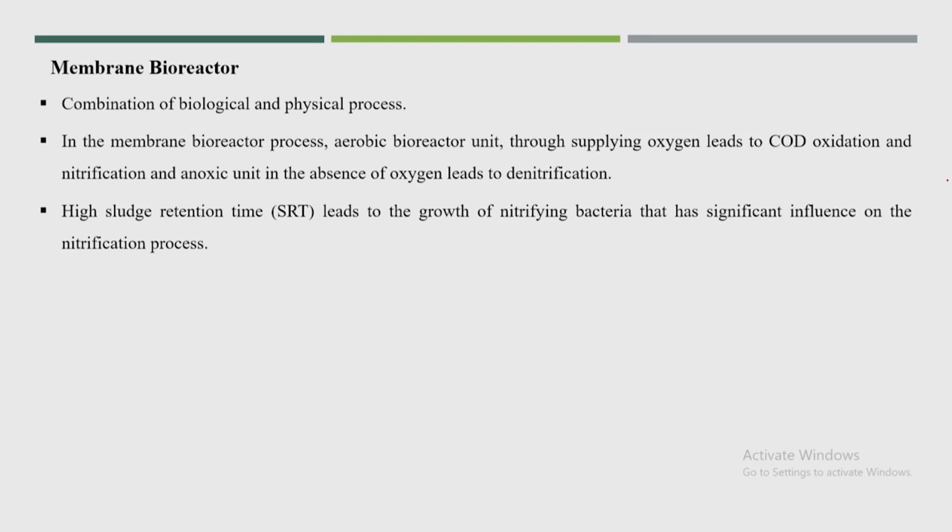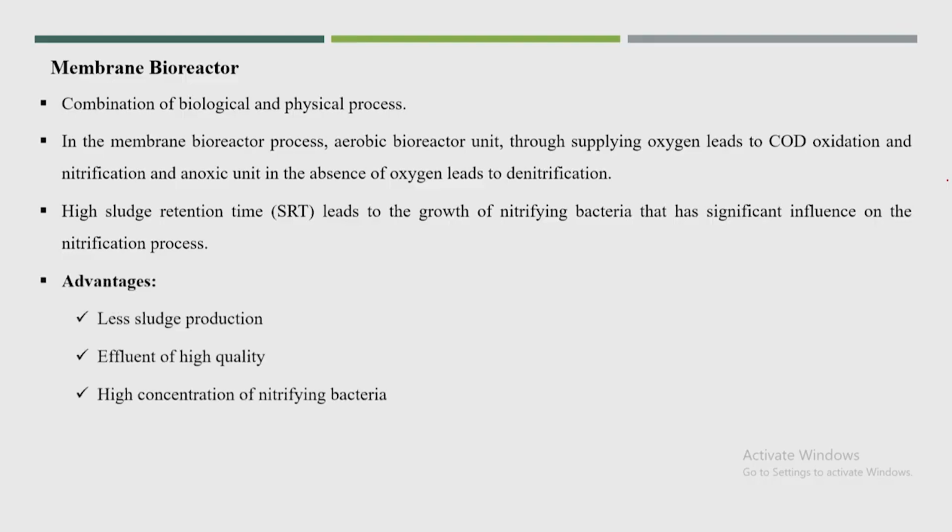And the benefit of these membrane bioreactors is that they lead to the growth of nitrifying bacteria. So, not only will the carbonaceous pollutants get removed, but the nitrogenous compounds will also get nitrified.